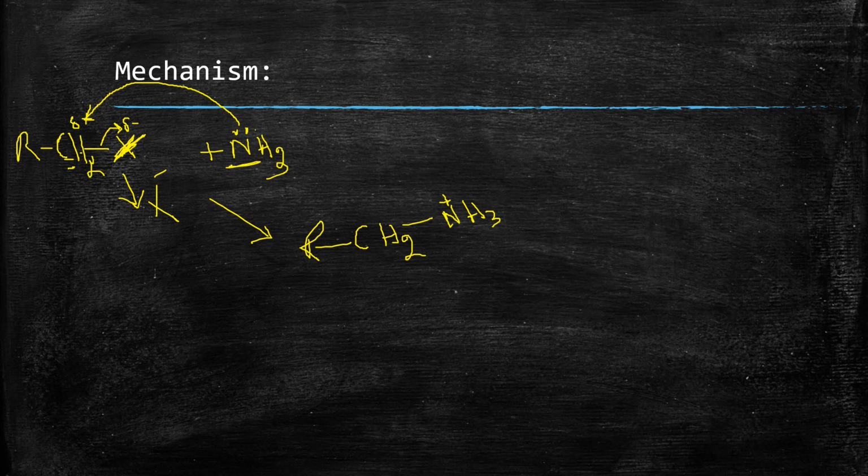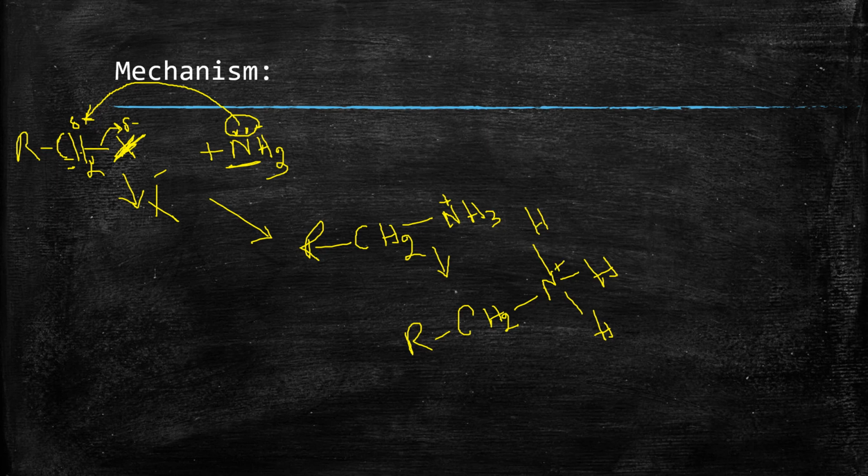Because it has donated its electron pair. So this, we can elaborate and write something like this, RCH2, N, H, H, and H, fine, and a positive charge on it.